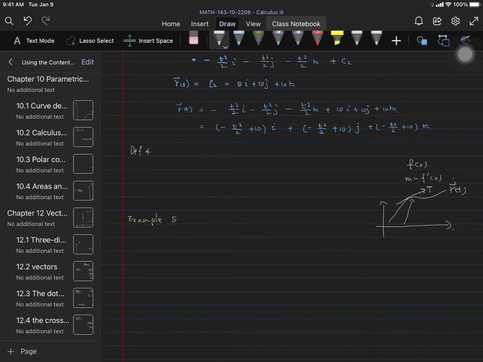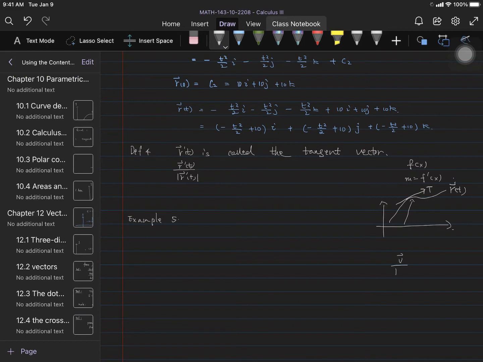If we take the derivative, so r'(t) is the tangent vector. And if we divide by its length, it's the same as before when we found the direction.